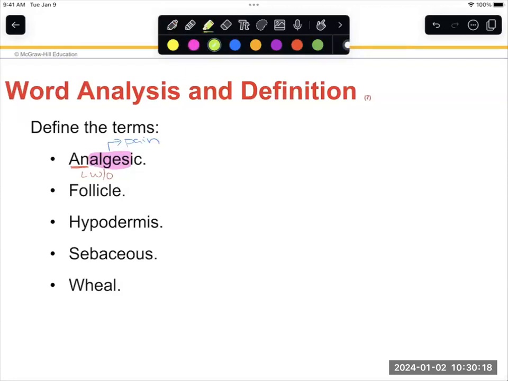Follicle. Follicle comes from a Latin word that means small sac. So it's a mass of cells, a big group of cells containing a cavity or a small cul-de-sac, such as a hair follicle.